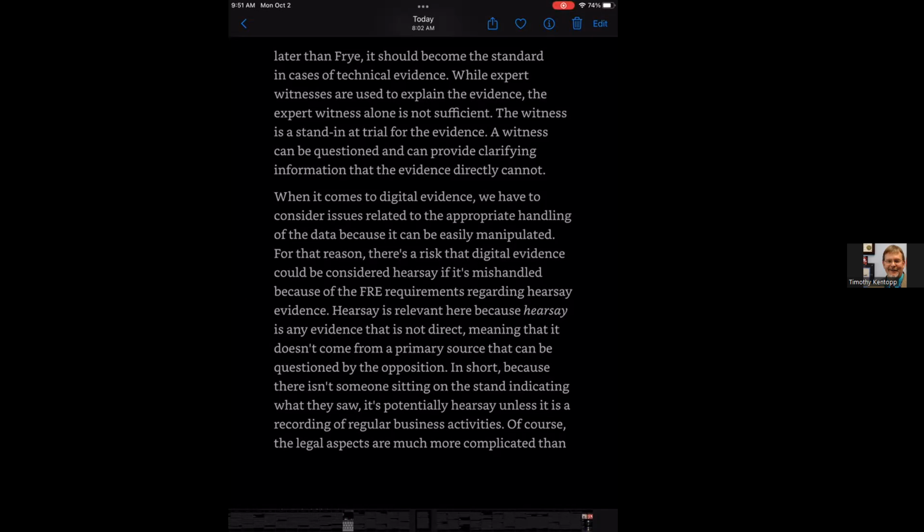Does anyone understand what hearsay is in general terms? What's the common definition of hearsay? It's like it's an opinion. It's not really factual. It can't be proven. It's like somebody saying they saw it.